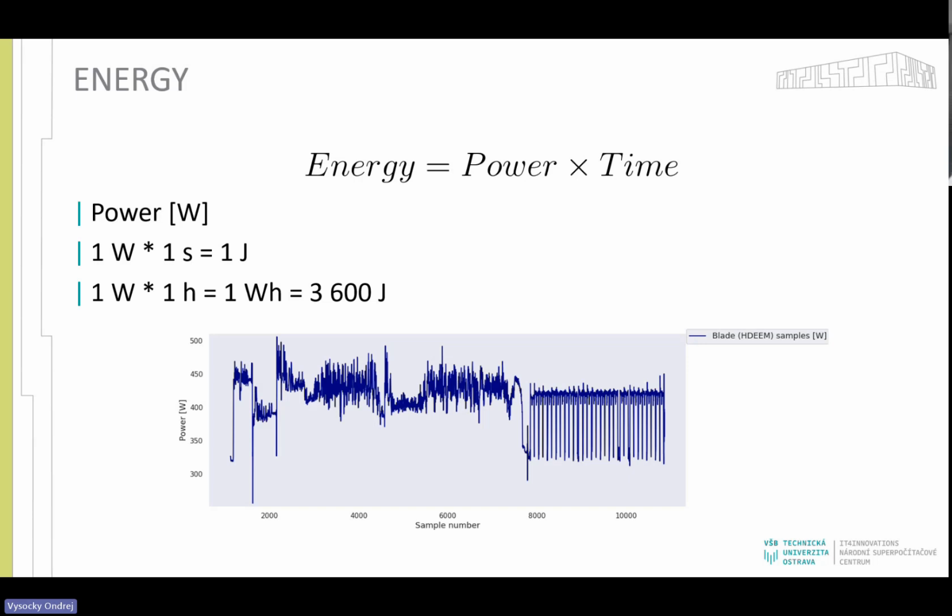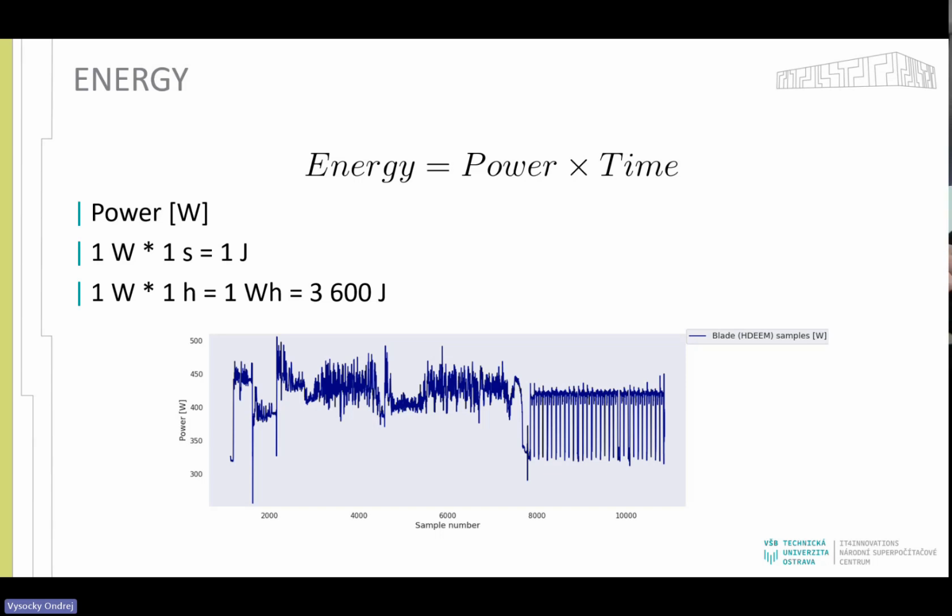We get at the end the energy consumption of some application, or better said, of the hardware when executing the application.